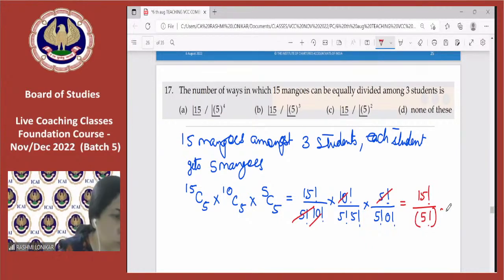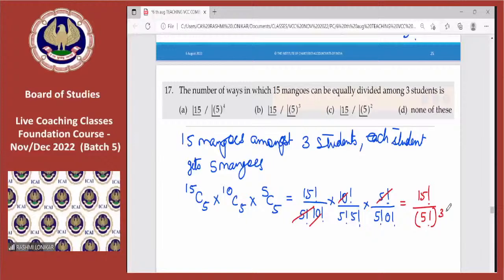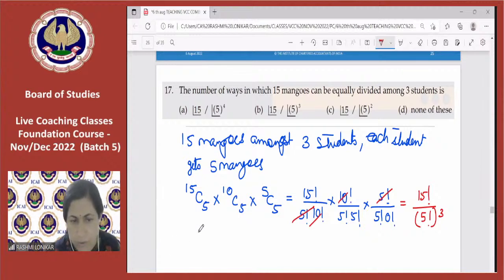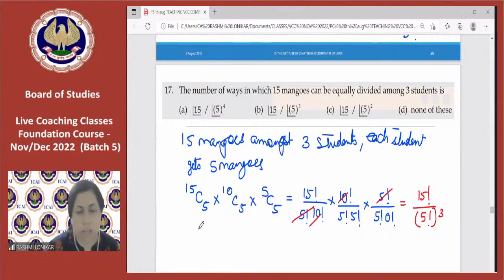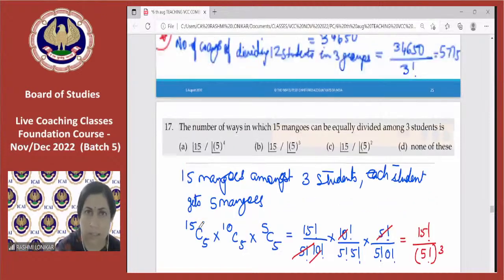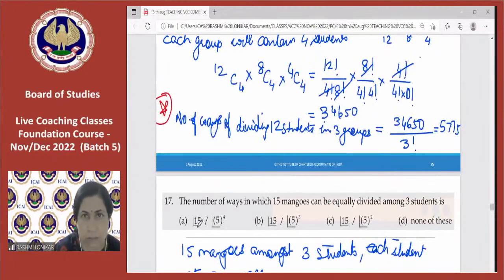Okay. So 17th answer is B. So here can you find out that we have not divided by 3 factorial, because if I have 3 baskets of mangoes, I will not be able to recognize one mango basket from the other. So here we don't do that. But in the earlier sum, we have divided by 3 factorial.